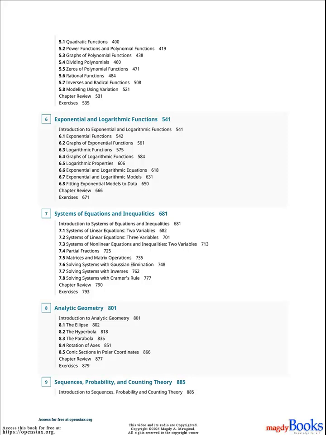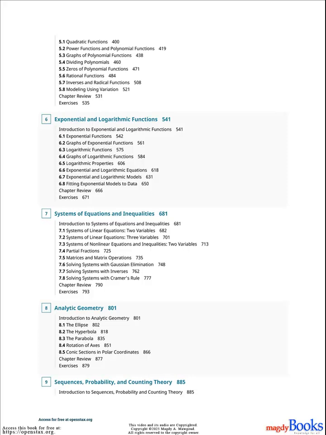Power functions and polynomial functions. 5.3. Graphs of polynomial functions. 5.4. Dividing polynomials. 5.5. Zeros of polynomial functions. 5.6. Rational functions. 5.7. Inverses and radical functions. 5.8. Modeling using variation. Chapter review.